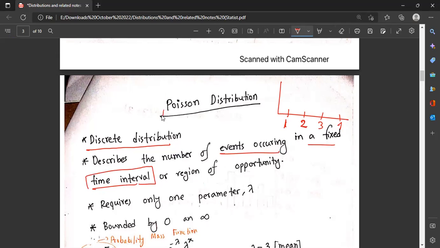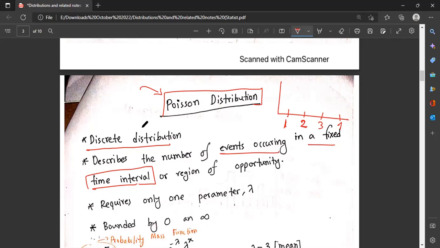In a Poisson distribution, the question often mentions some time, right? In this fixed amount of time, some visitors come to my website, or within 1 hour or within 30 minutes, 5 students go to the supermarket, okay?